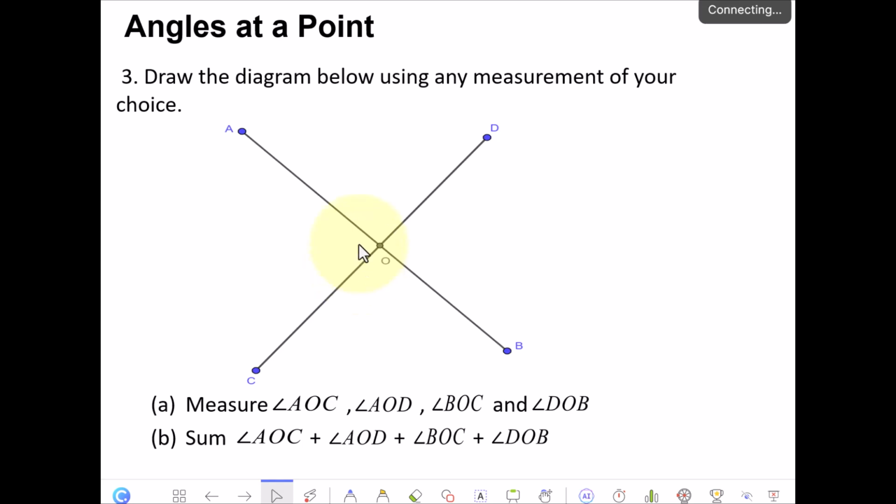We need to measure all the 4 angles around. Even if there are 6 angles around, you measure all the 6 angles around. And the rule says if you total them round, you are supposed to get 360 degrees. That is angle at a point. So angle at a point is supposed to give you 360 degrees.